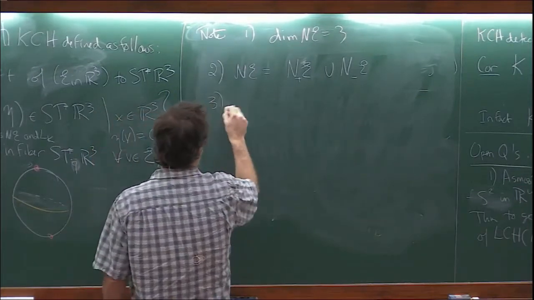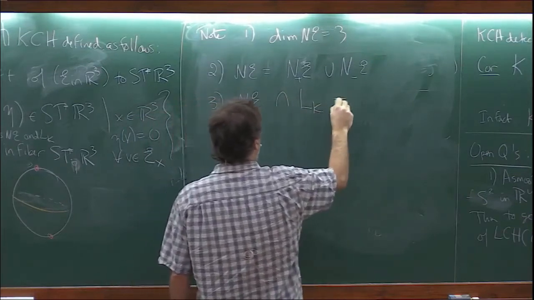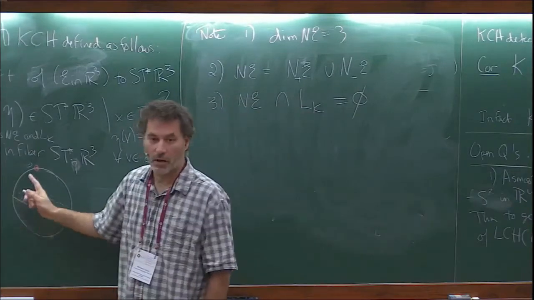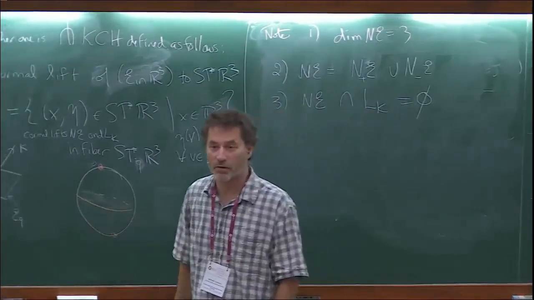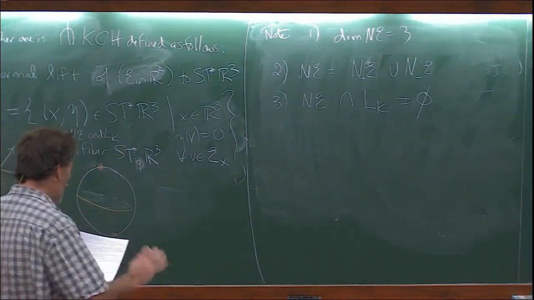And then finally, this and this are disjoint. You're never going to have a red point on top of an orange circle. There's one more.